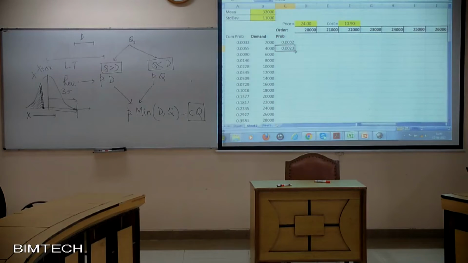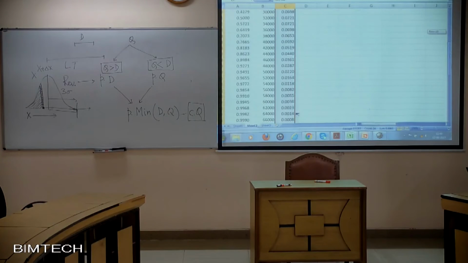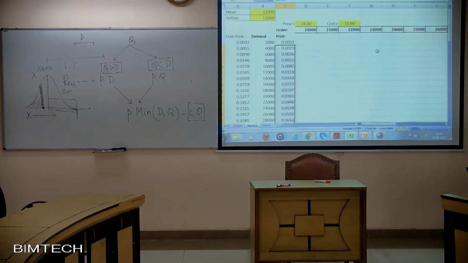Good. So all I need now is to again drag this down, and we get the unit probabilities under the probability column. So far good.